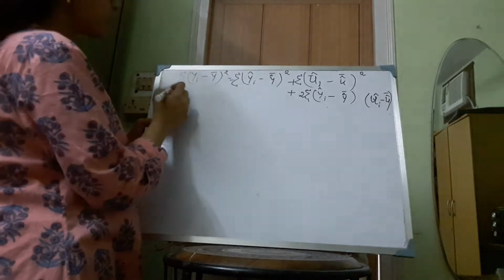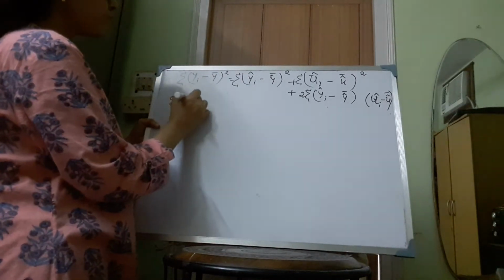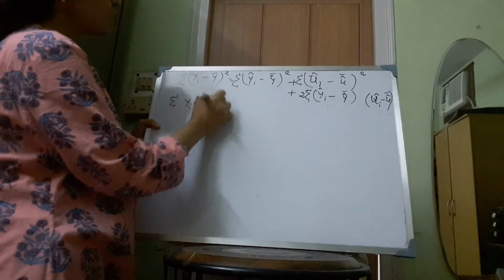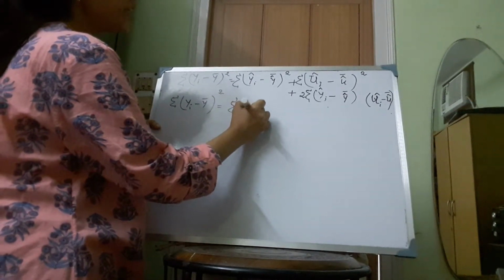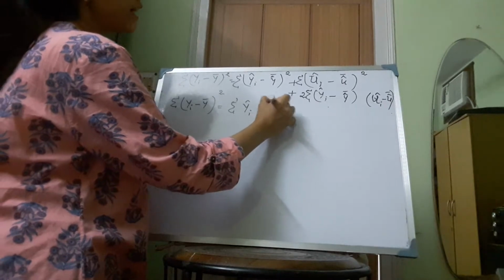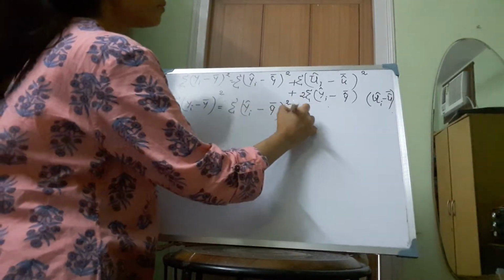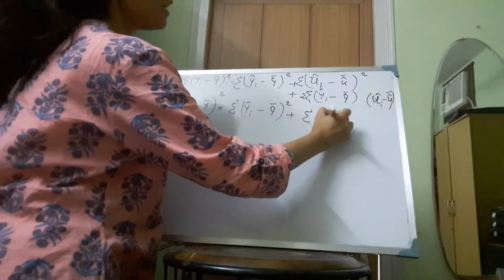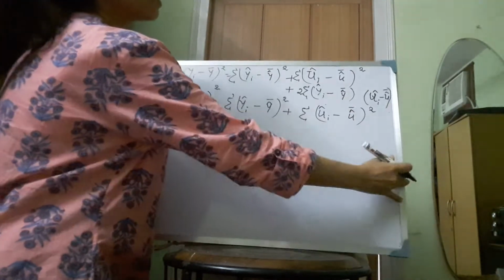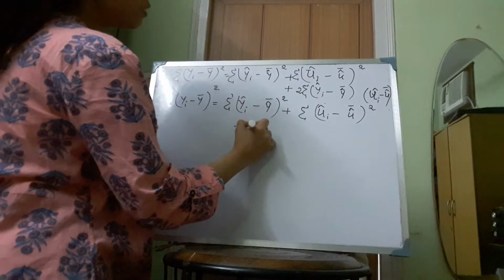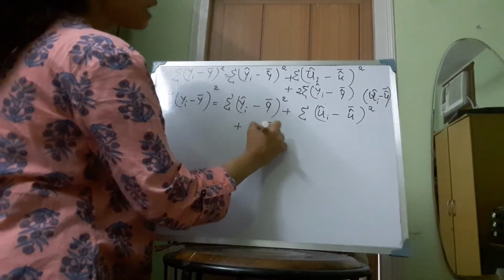Now rewriting this equation, we get summation of (yi minus y bar) whole square is equal to summation of (yi hat minus y hat bar) whole square plus summation of (ui hat minus u hat bar) whole square, and then plus 2 into summation.